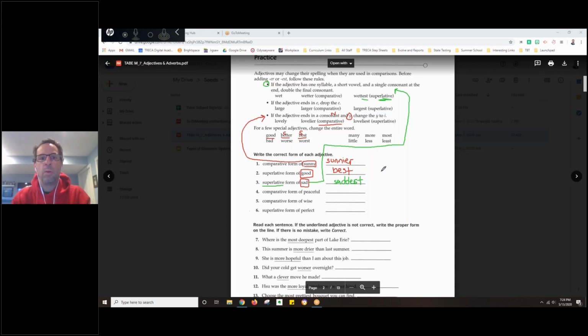So let's pretend we're looking at a picture of 6 kids. Let's say they're 5-year-olds. They all have frowns on their faces. So you would say, well, which one looks the saddest? If you had a picture of only two kids, you would probably say which one is sadder.